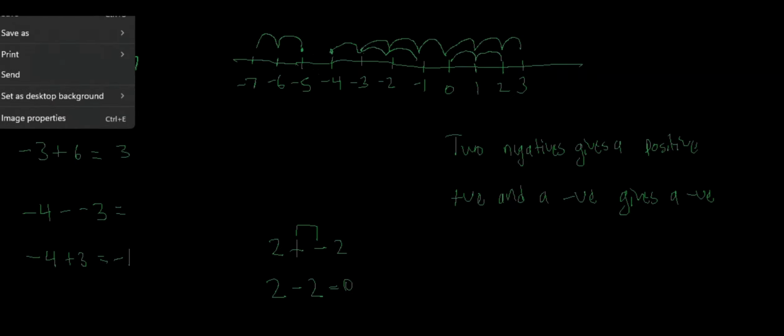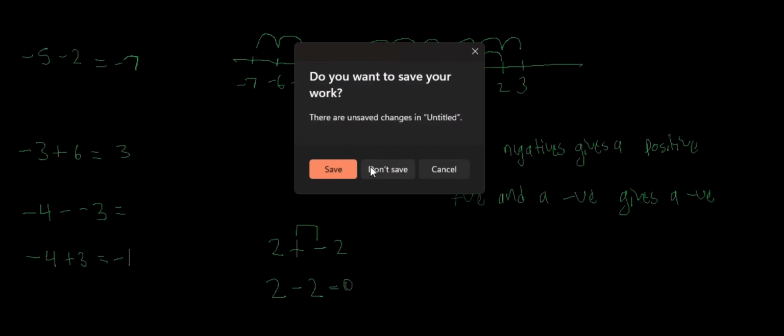To be clear on this again, I'm doing some more examples. Let's say I have 3 minus positive 4. Now the negative and the positive would give a negative, so I would get 3 minus 4.